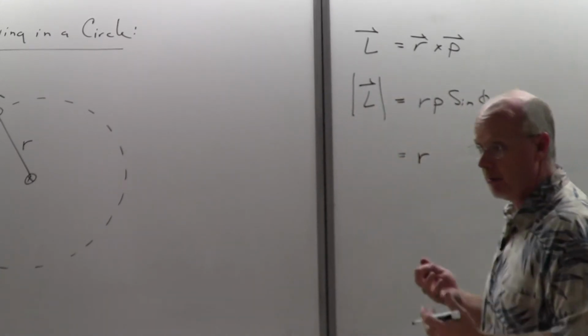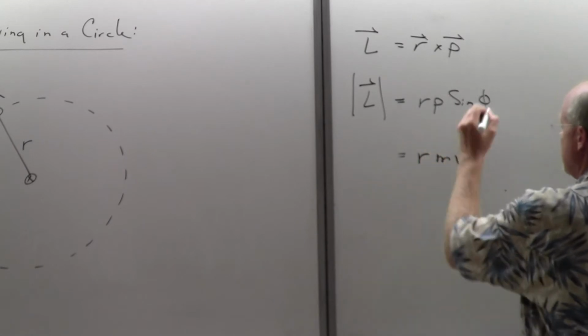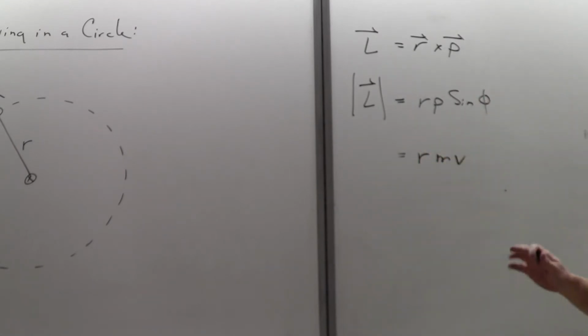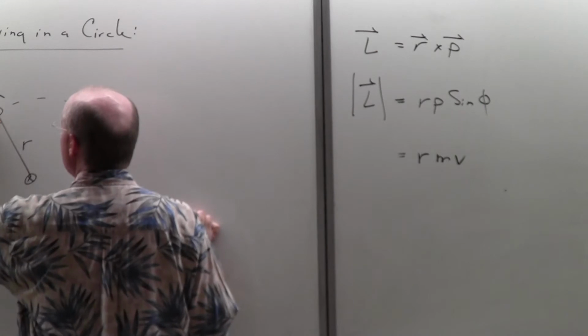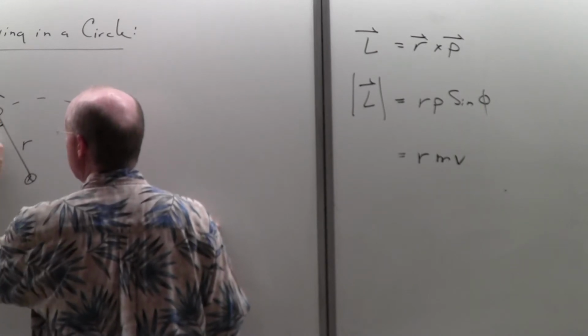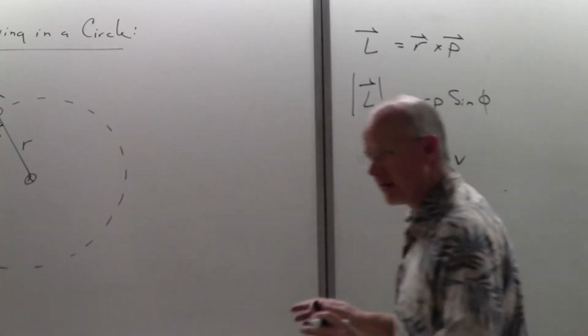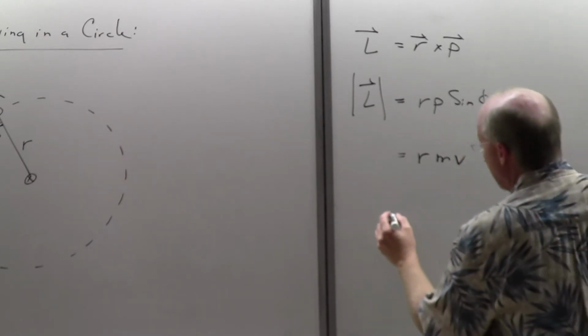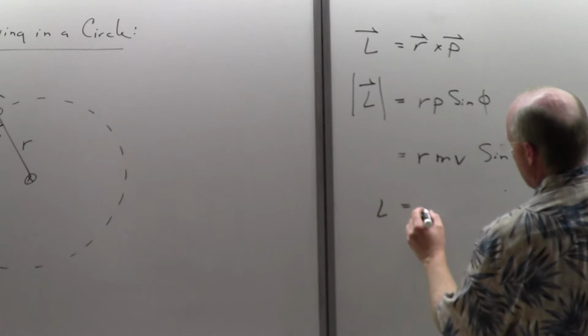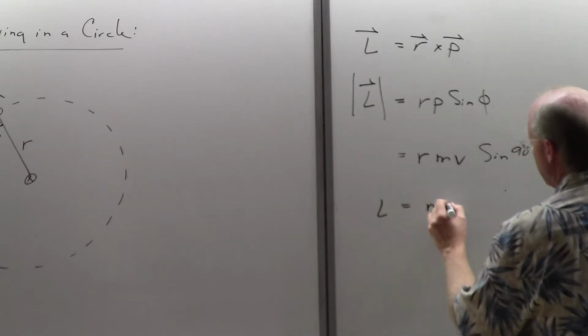How would you get linear momentum? mv. What would be the angle? It's the angle between r and p, so there's a little right angle. That's why I picked this one as the first one, so it's sine of 90 degrees. And so the magnitude of L is mvr.